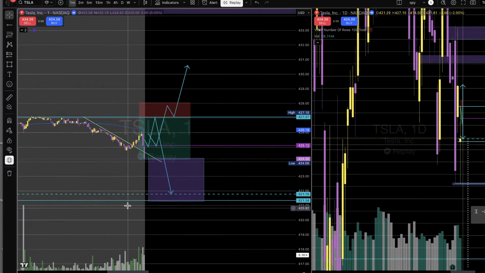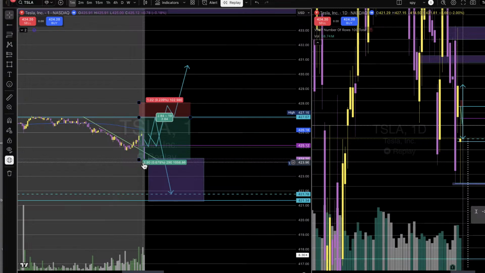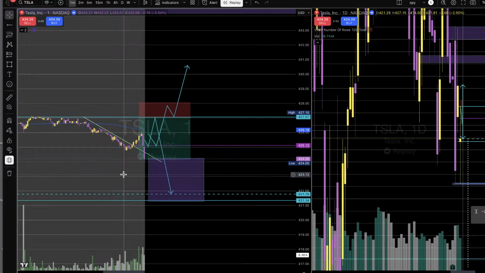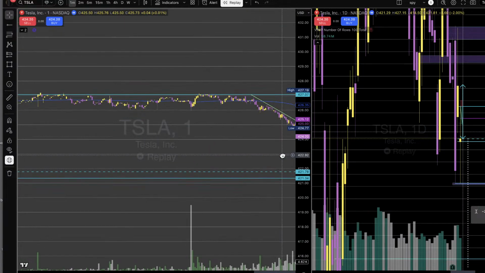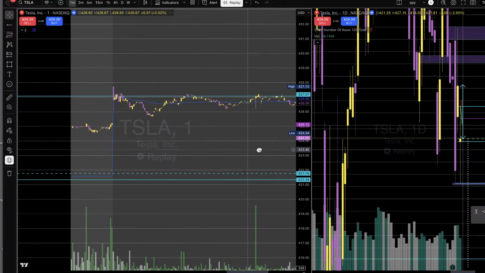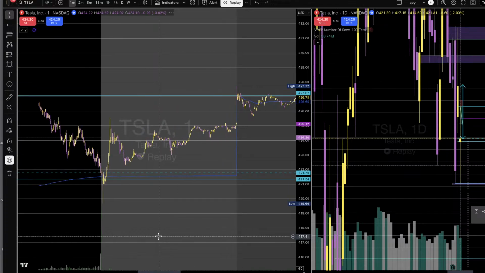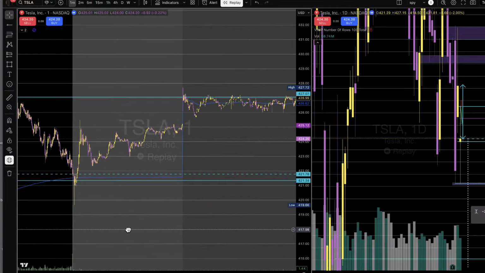So take it candle by candle. I wasn't looking at time. So I did get a clue ahead of time, so that's cheating. But this pre-market tells us it failed. So if it failed, think fast. What are we looking at now?